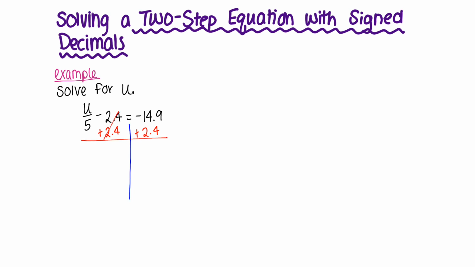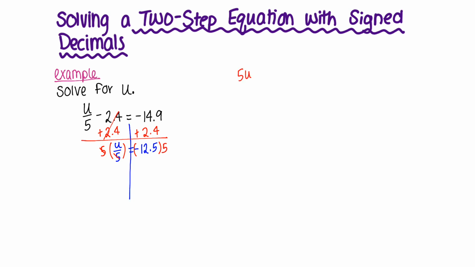So on my calculator, I'm going to come in here and do negative 14.9 plus 2.4, and I get negative 12.5. And the u over 5 comes down from above. Maybe I'll erase that arrow because it's going to get in my way. So if u over 5 equals negative 12.5, if I want to get u by itself, I can multiply both sides by 5. And that will cancel that 5 in the denominator.